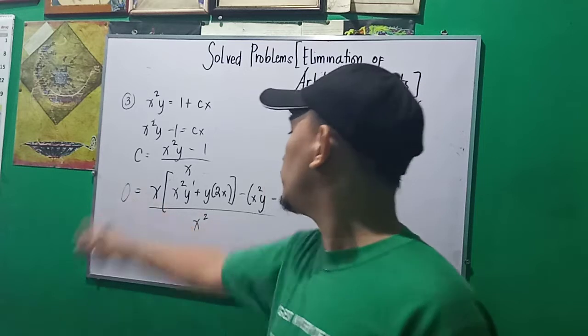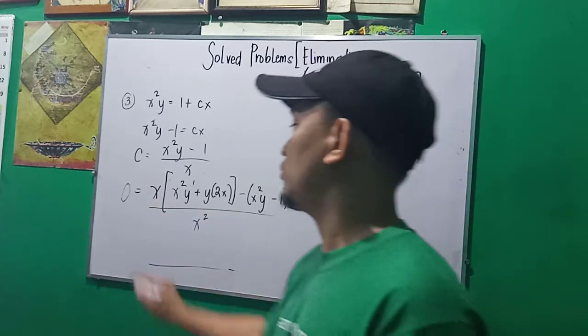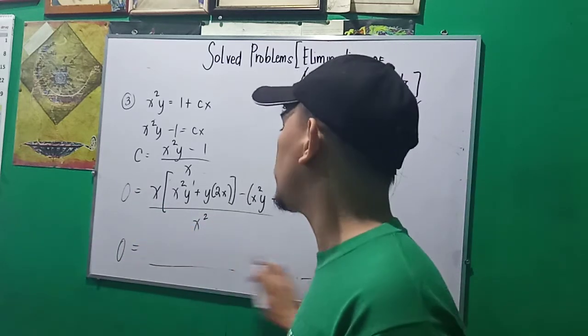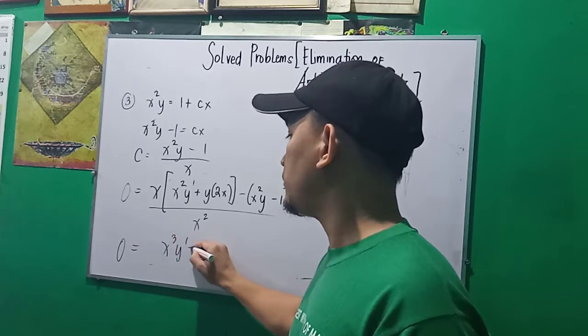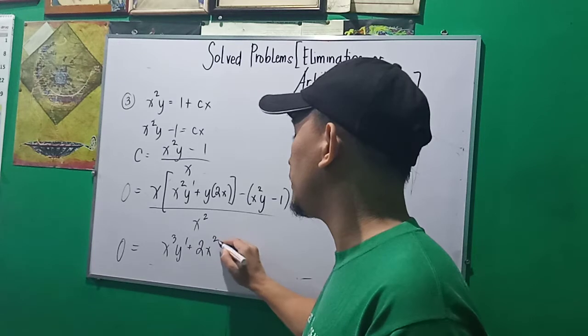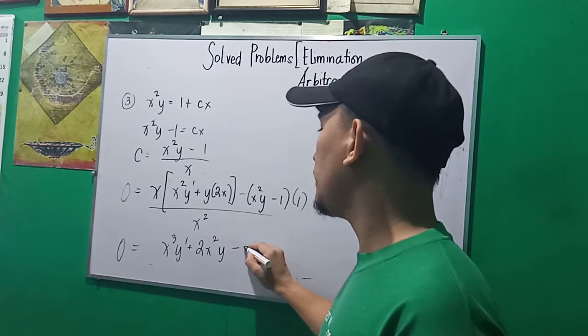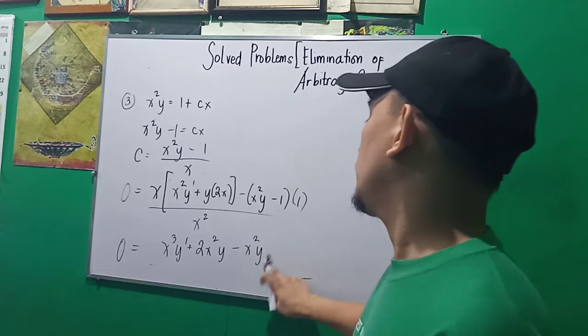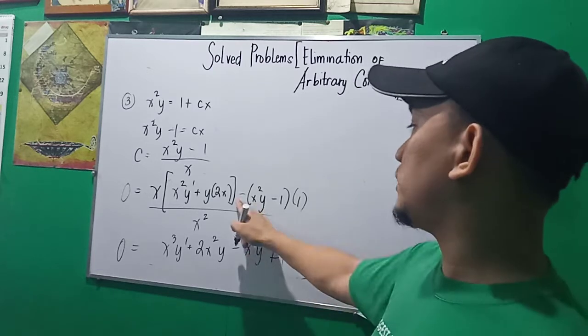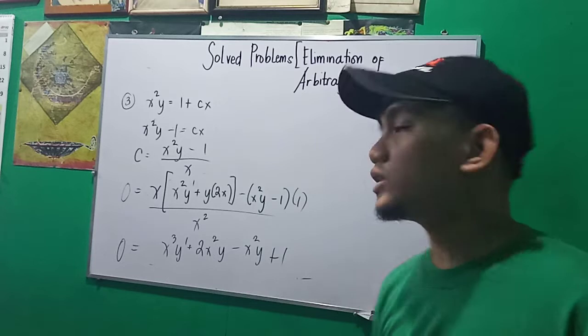Yung x squared, pag minultiply both sides, 0. So, that is 0 is equal to x cubed y prime plus 2x squared y minus x squared y plus 1 nga, mga Lodi. Negative, negative, therefore positive 1.